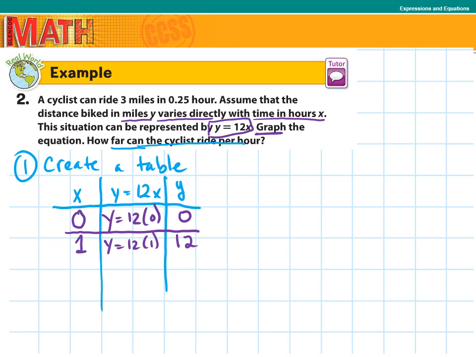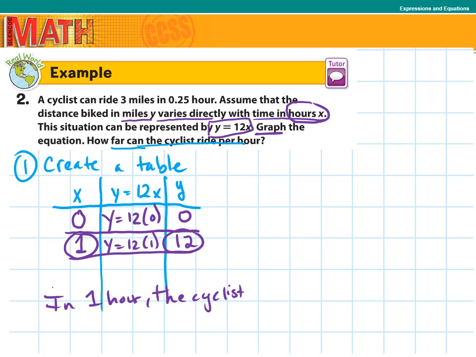That's equal to 12. Now my x represents hours. Okay. They want us to know how far the cyclist can ride per hour. So we already have that right here. In 1 hour, the cyclist can ride 12 miles.